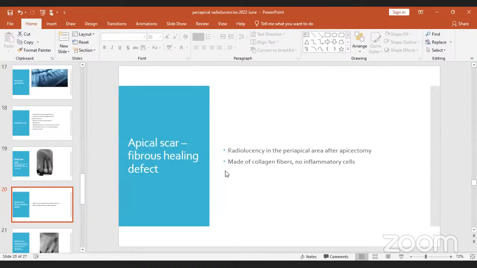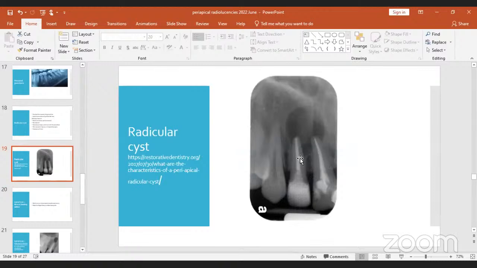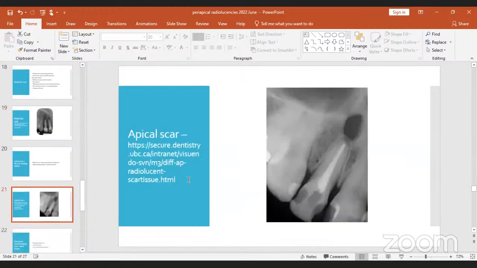Okay, so if this patient has had a root canal treatment done and it's successful, then you go ahead and enucleate the cyst. You remove the cyst and clean up the area. So what happens is that you get healing of that area.